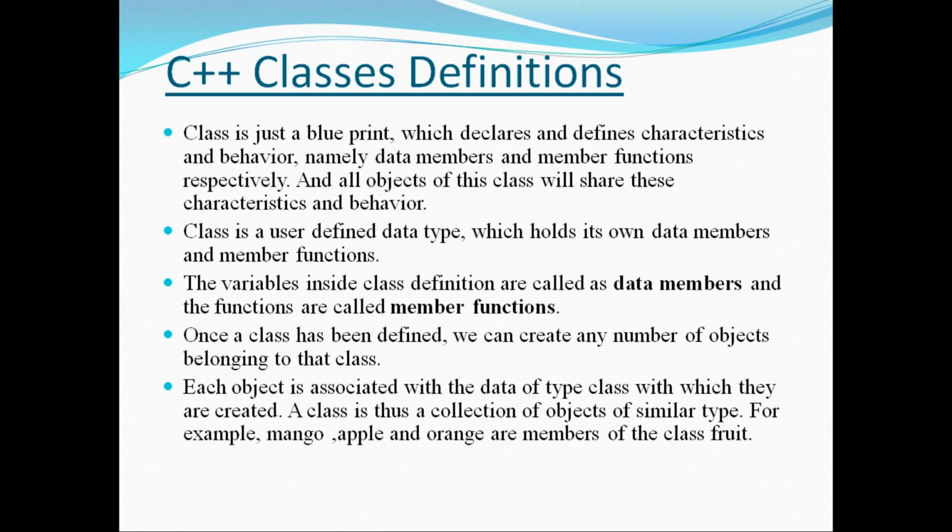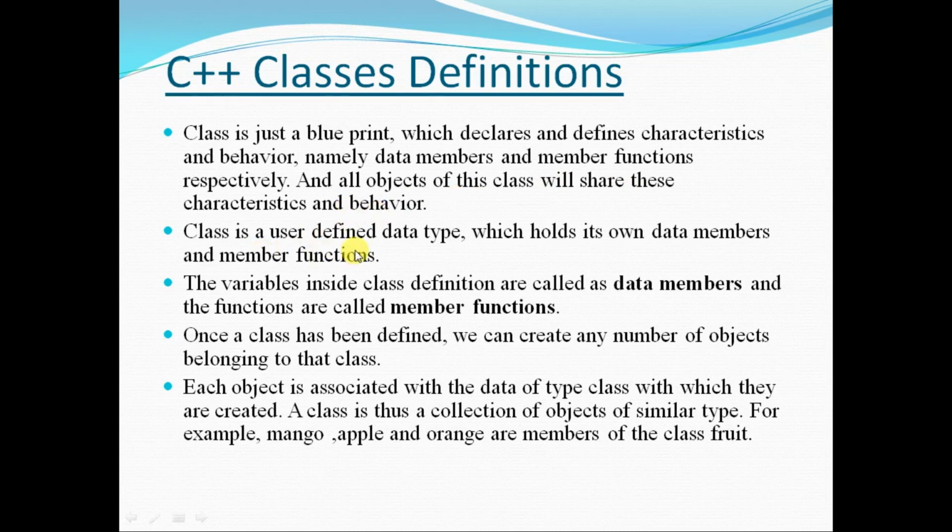Class. Class is the most important feature of C++ that leads to object-oriented programming. A class is just a blueprint which declares and defines characteristics and behavior, namely data members and member functions respectively, and all objects of this class will share these characteristics and behavior.